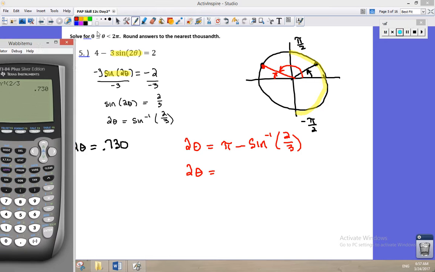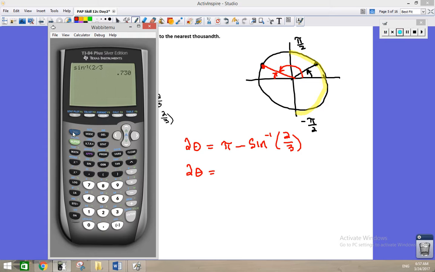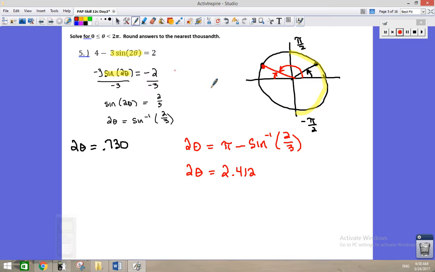So if I do that, I've got pi minus that previous answer, at least to 3 decimals, I'm getting 2.412. Alright, now let's solve each of these for theta.